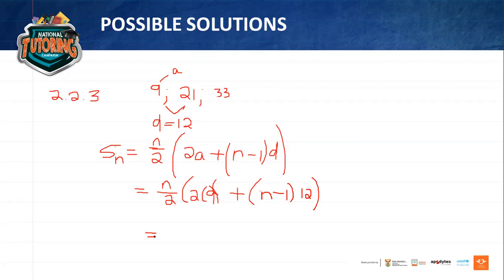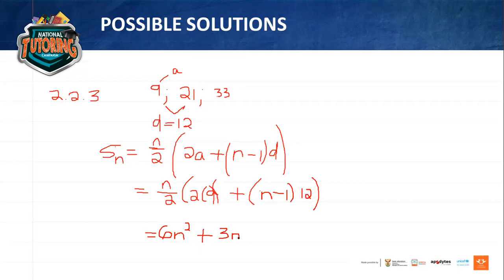Now after you get this, you multiply everything out. When you multiply everything out and remove the bracket, your answer works out nicely to 6n squared plus 3n, just the way they wanted us to show.